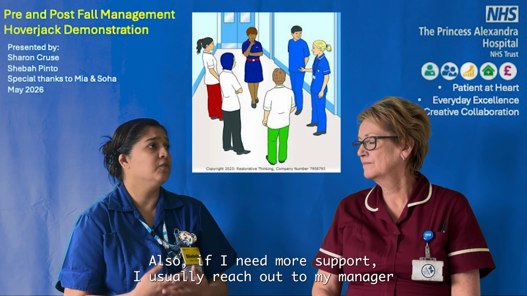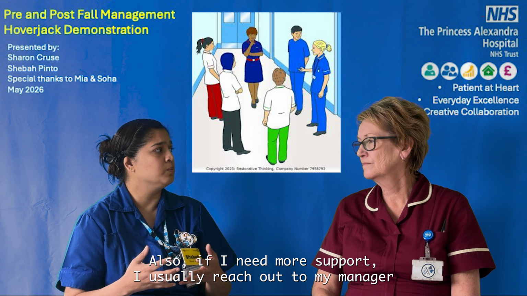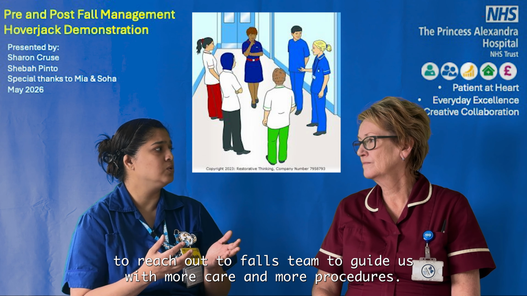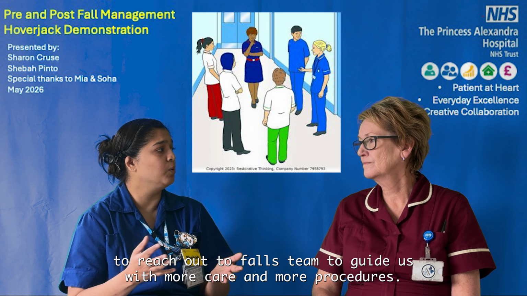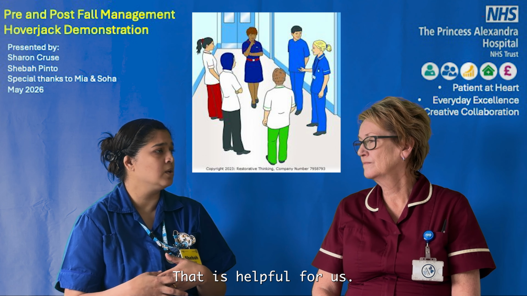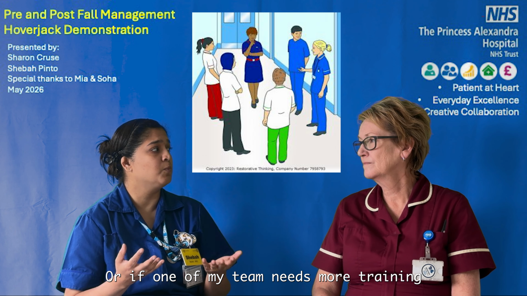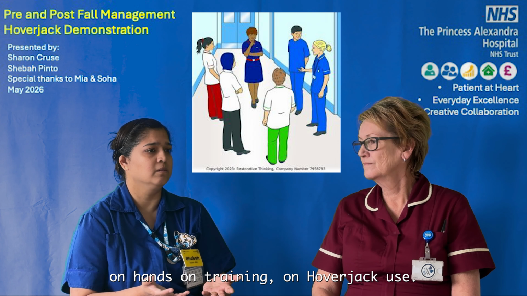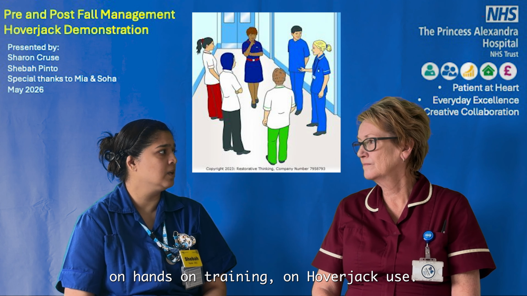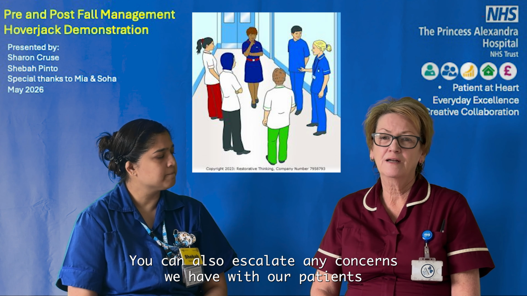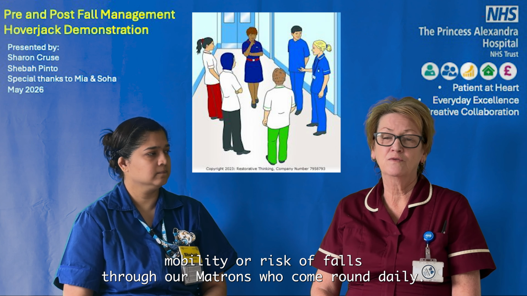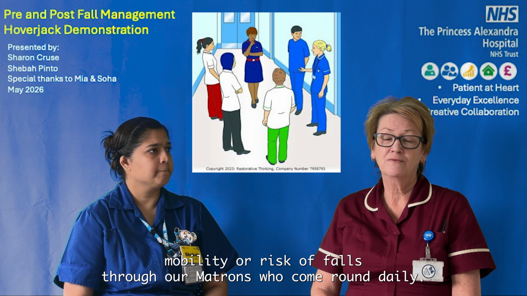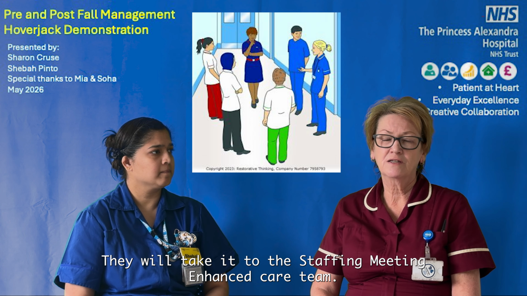Also, if I need more support, I usually reach out to my manager to reach out to the falls team to guide us with more care and more procedures that is helpful for us. Or if one of my team needs more training, hands-on training on Hoverjack use. We can also escalate any concerns we have with our patients' mobility or risk of falls to our matrons who come round daily. They will take it to the staffing meeting.